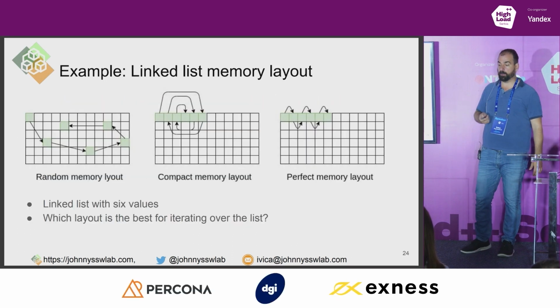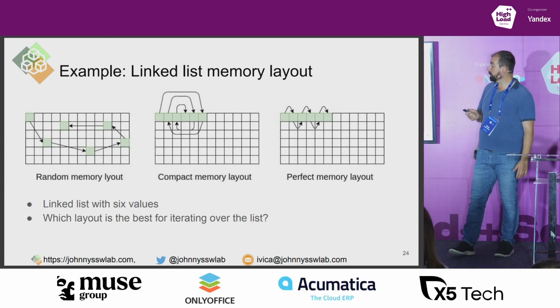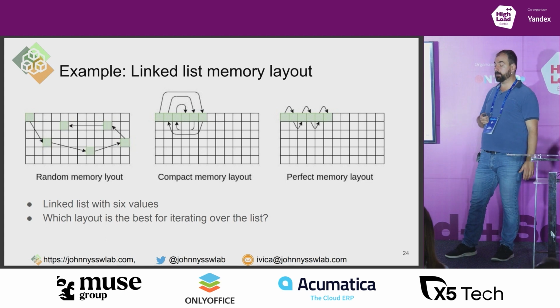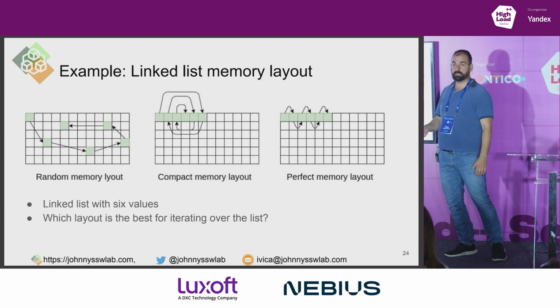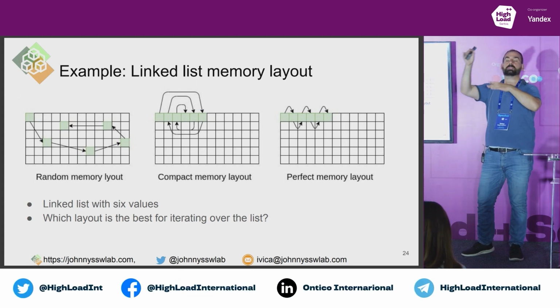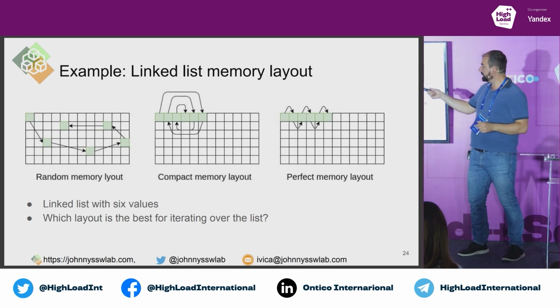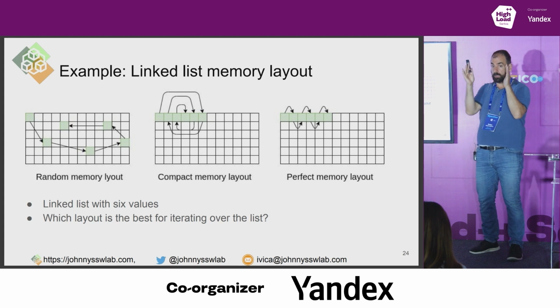Okay, here is an example of linked list memory layout. So we have 3 memory layouts here. One is called random memory layout. The second one is compact memory layout, and the third one is perfect memory layout. Random is just that the nodes are stored in memory somehow, without any ordering. Compact is that they are stored in one block of memory, so it's really compact.